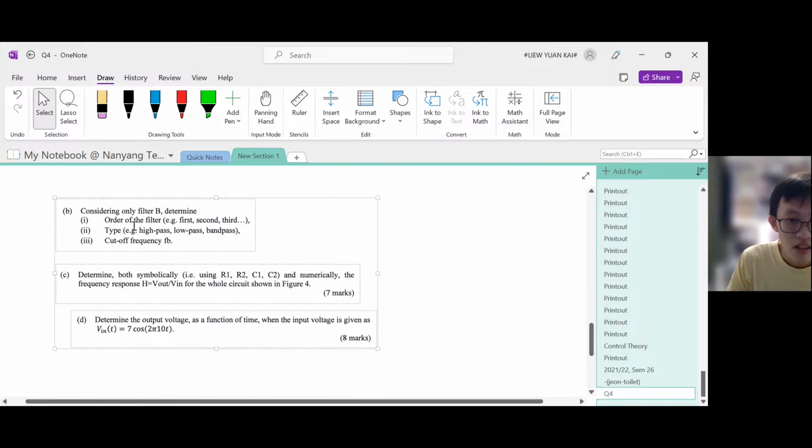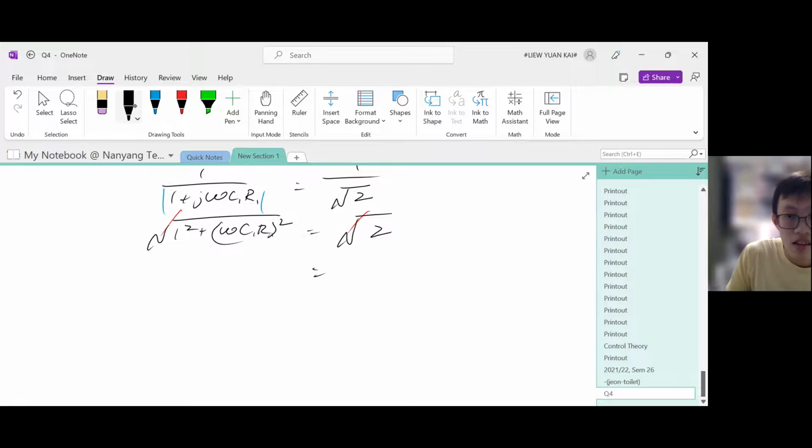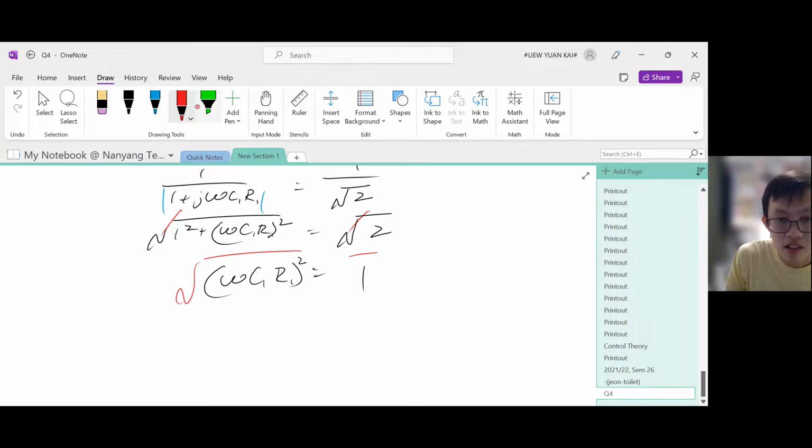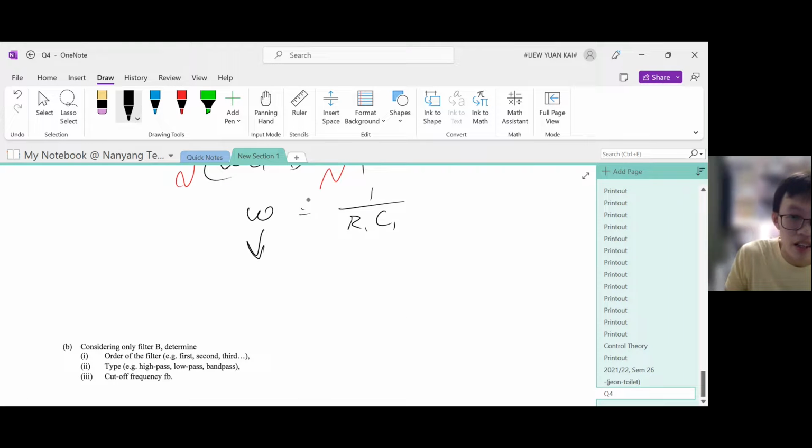Now 2 minus 1 gives me 1. And then I can square root both sides to get rid of the square, and then make omega the subject. I should get 1 over R1C1, right? And don't forget, omega is given by the formula 2 pi f.